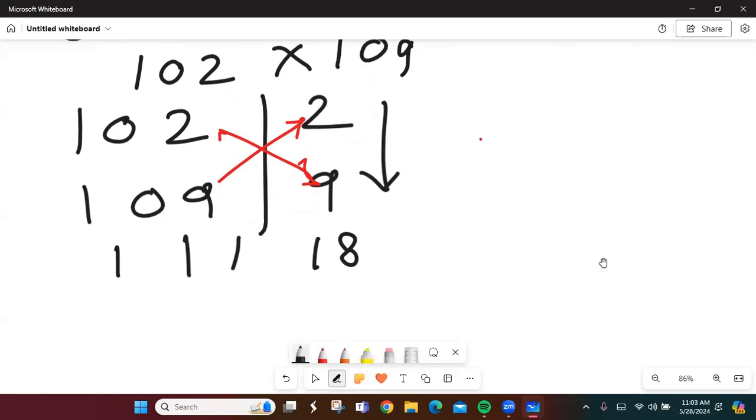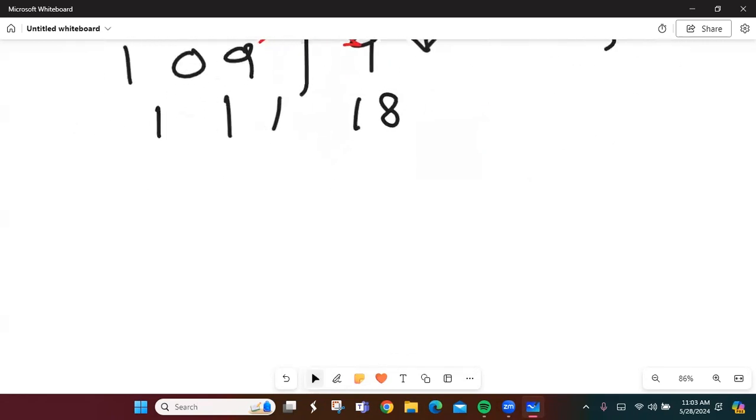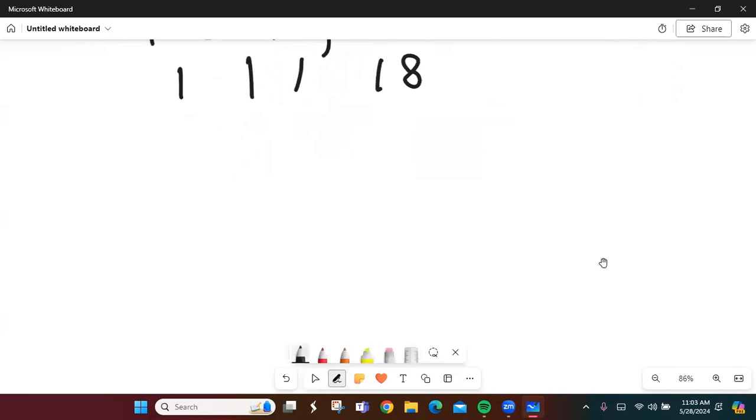I will not carry forward anything and write this full number together: 11118. So 102 multiplied by 109 is 11,118.